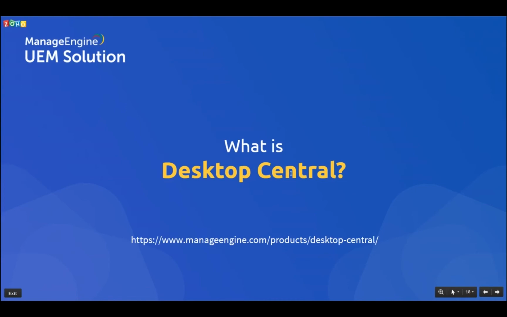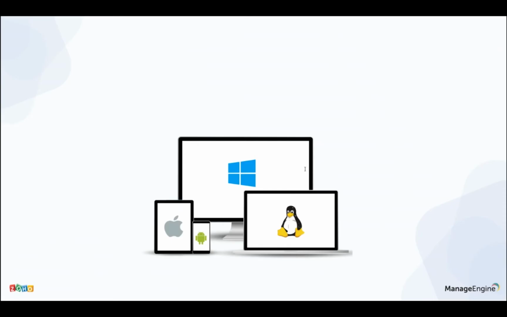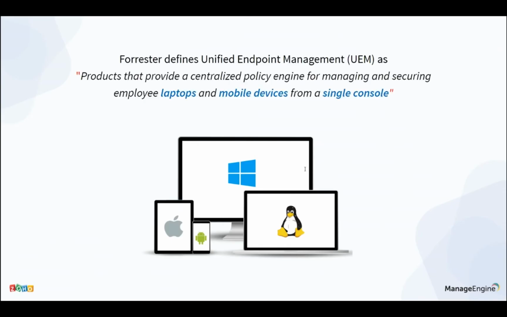Okay, so Desktop Central is an endpoint management solution that ensures all your endpoints are secure and enables the users to use them effectively for business. Okay, so Desktop Central is a unified endpoint management solution. So what is a UEM? So this is what Forrester defines.